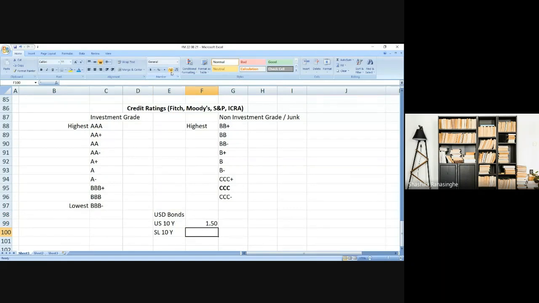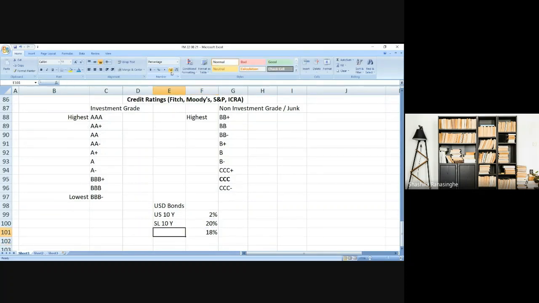Sri Lanka's 10-year bond is going at around 18%, close to 20%, compared to 1.5% in the US, meaning there is a difference of about 18%. This is called the spread between US and Sri Lankan bonds.